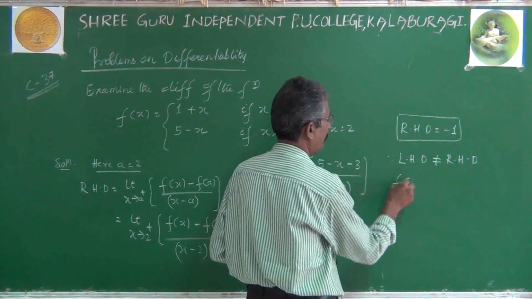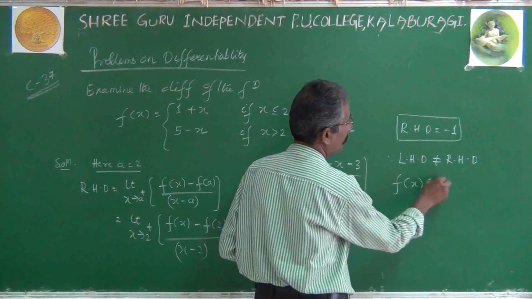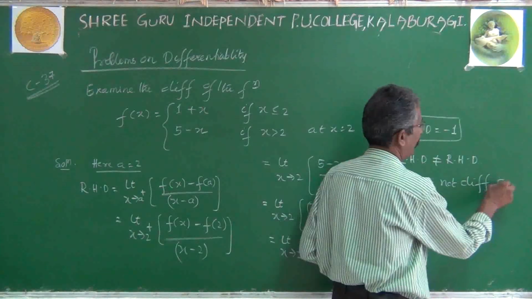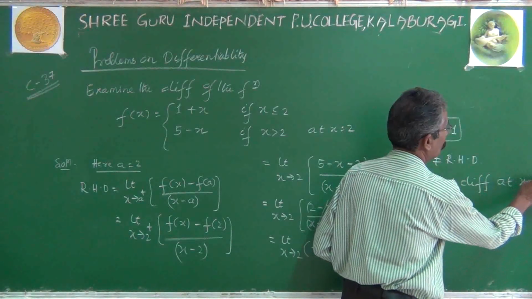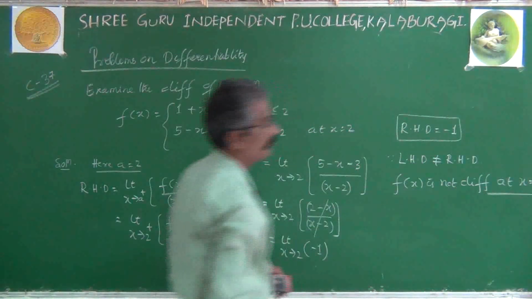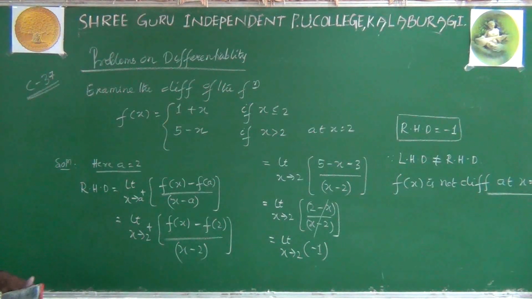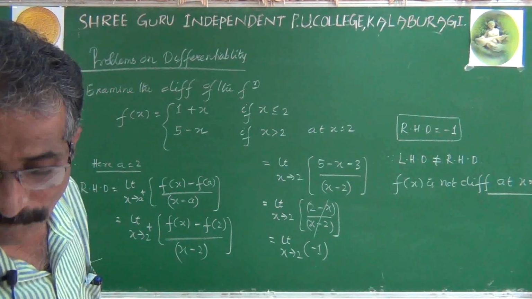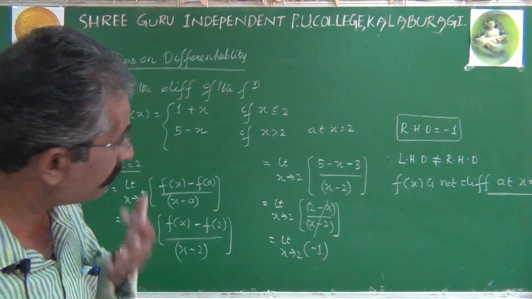Therefore, f of x is not differentiable at x equal to 2. Next problem.